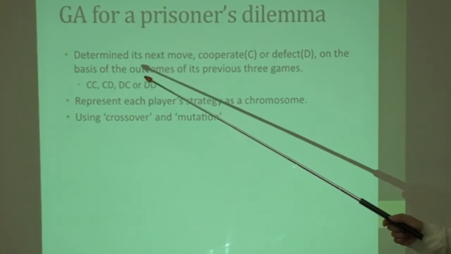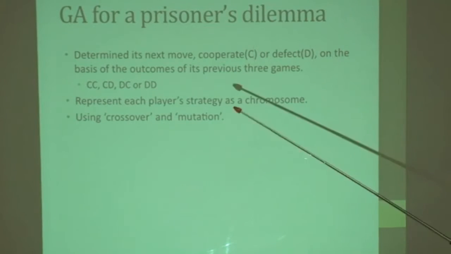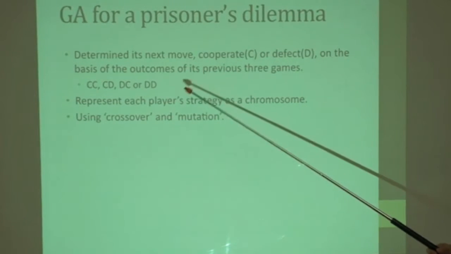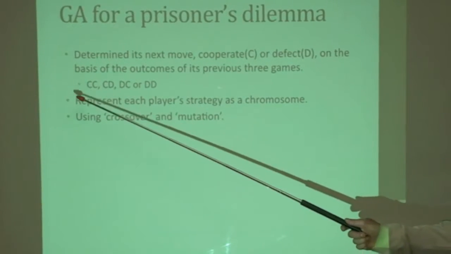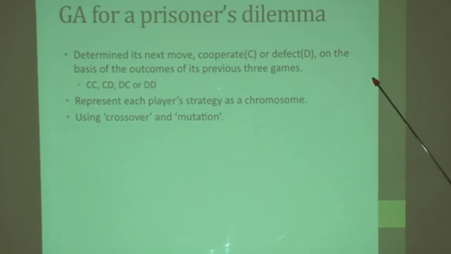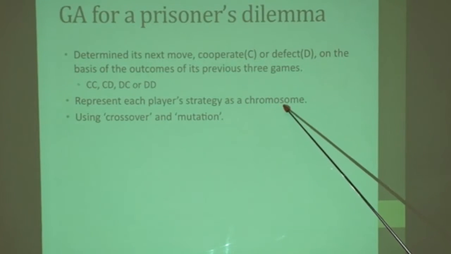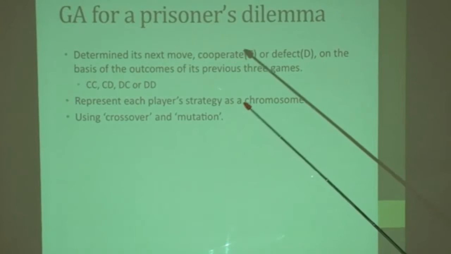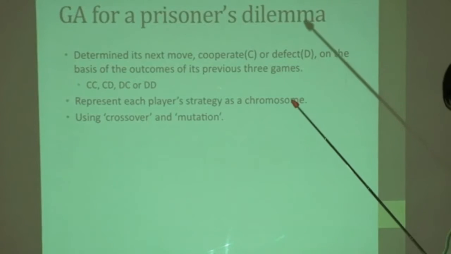Each agent determines their next move, cooperate or defect, on the basis of the outcomes of its previous three games: CC, CD, DC or DD. Represent each player's strategy as a chromosome, and use crossover and mutation.